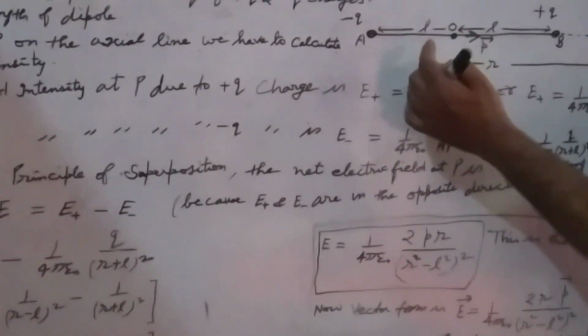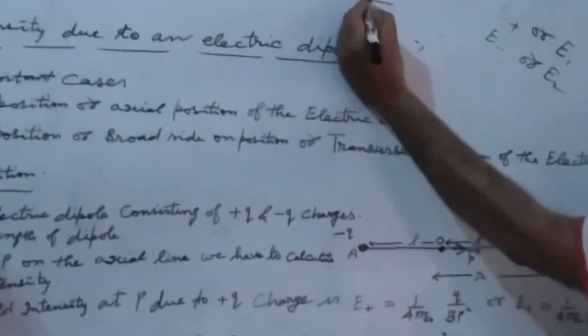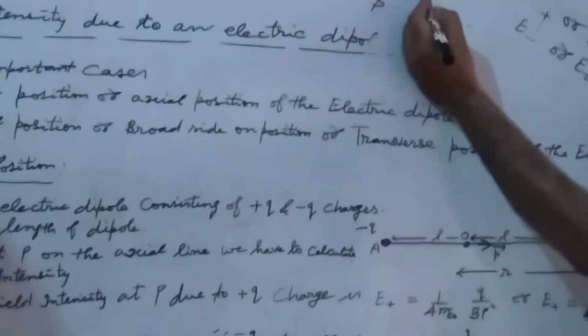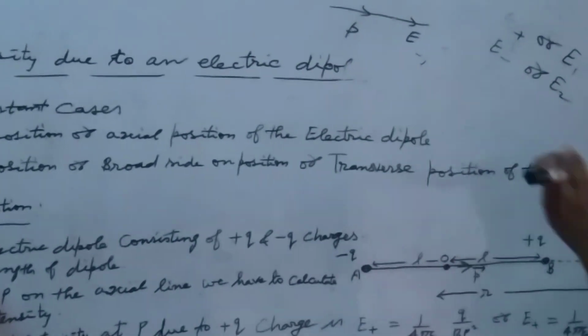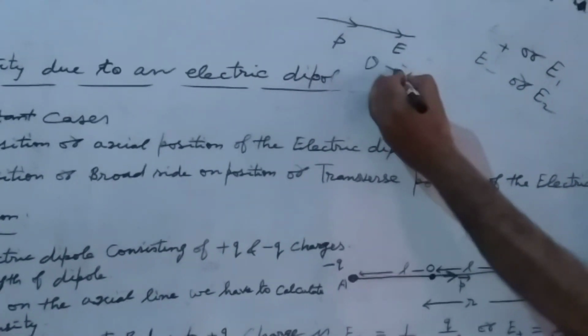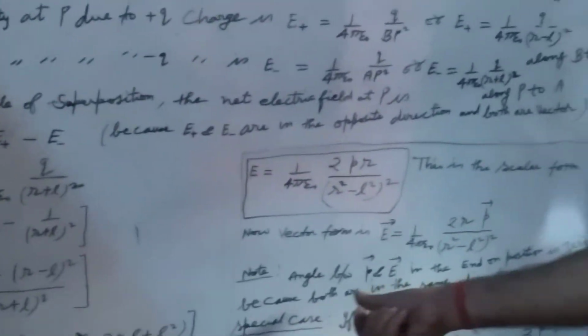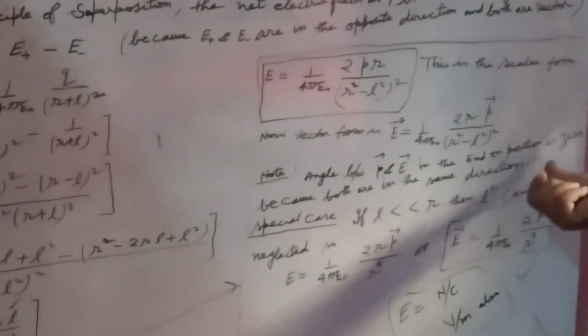The direction of P is from minus Q to plus Q charge. And the direction of the net electric field intensity is also the same, so theta is equal to 0 degree. Both are in the same direction, so the angle between them is 0.